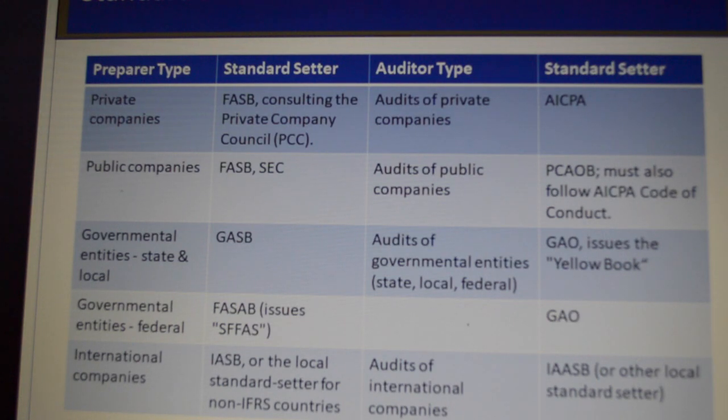Standard setting body is FASAB. And for the auditing, it is GAO. International companies. Standard setting body is IASB, International Accounting Standards Board, or the local standard setter for non-IFRS countries. Audits of the international companies, IAASB, or other local standard setter.